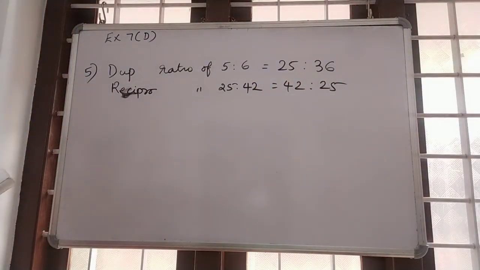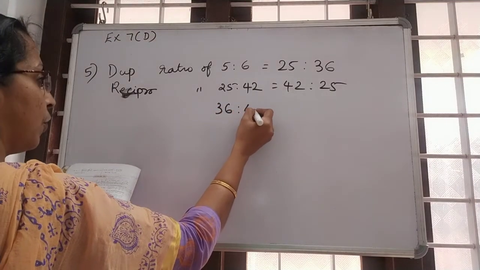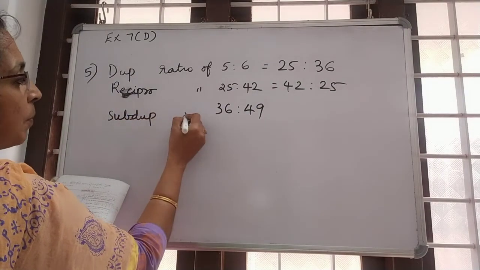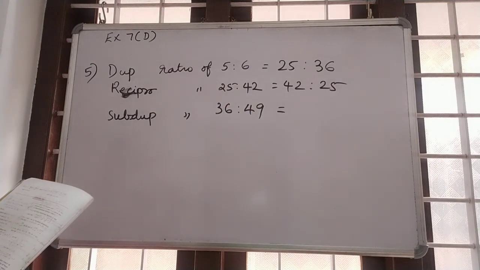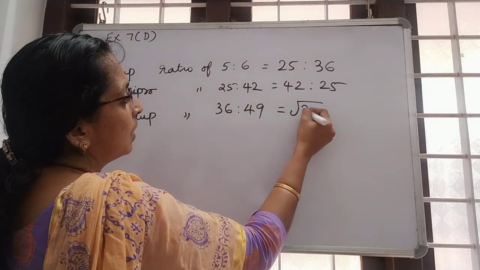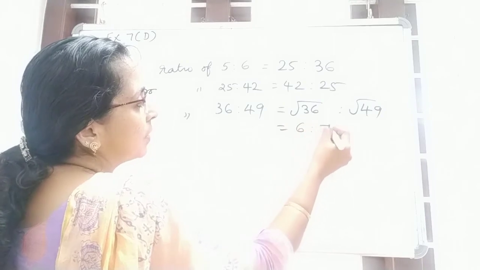Next is subduplicate ratio of 36 is to 49. What does subduplicate ratio mean? We want to take the square root, no? Root of 36 is to root of 49, which is equal to 6 is to 7.